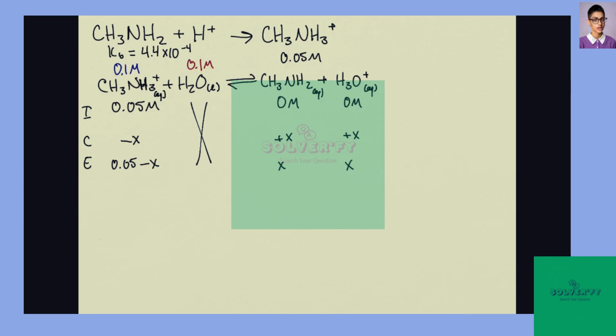Now, we know that the Ka of CH3NH3+ is equal to the concentration of the conjugate base, which in this case is CH3NH2, times the concentration of hydronium ions, over the concentration of the acid at the beginning.